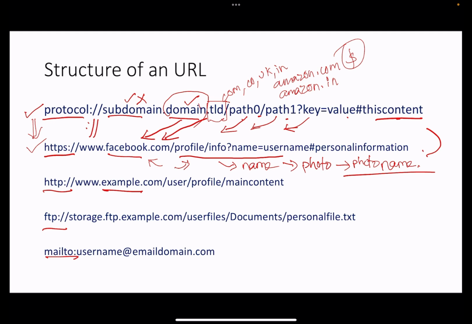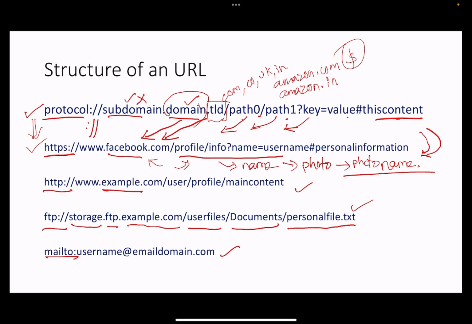The content will be like this, photo name. Okay, so these are all the following examples we can see. In this FTP storage example, we are doing a file transfer from example.com, and user files. In user files we can go to documents, and in that document we need to access personal file.txt.